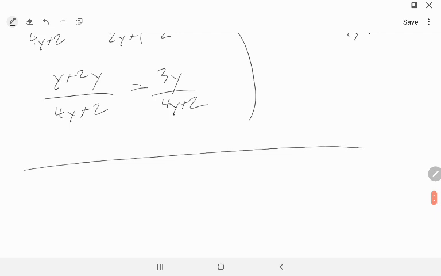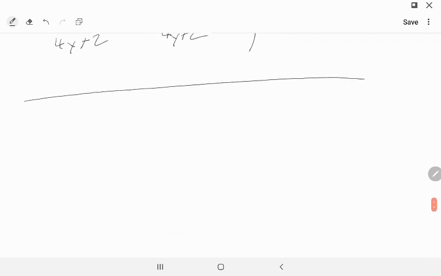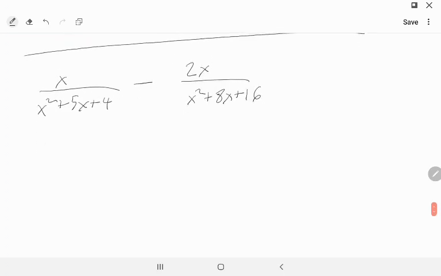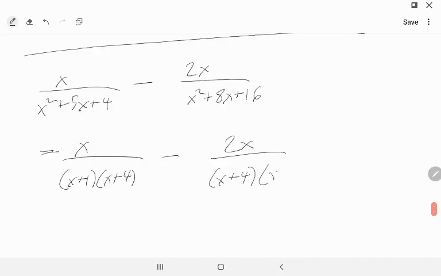So if we try a subtraction, let's try x divided by x squared plus 5x plus 4, and then subtract 2x divided by x squared plus 8x plus 16. We notice that's going to be the same thing as x divided by the quantity x plus 1 times the quantity x plus 4, minus 2x divided by the quantity x plus 4 times x plus 4.